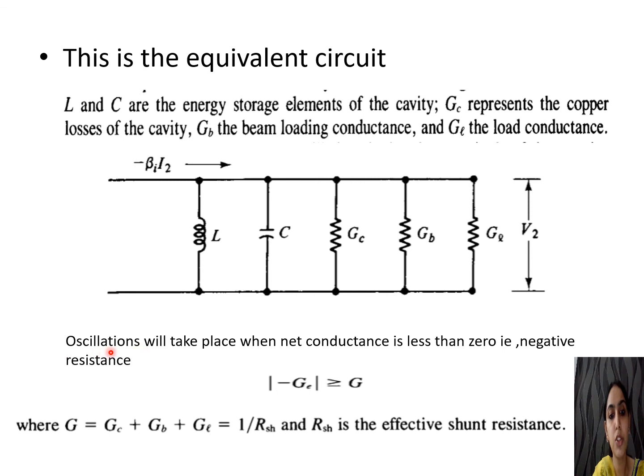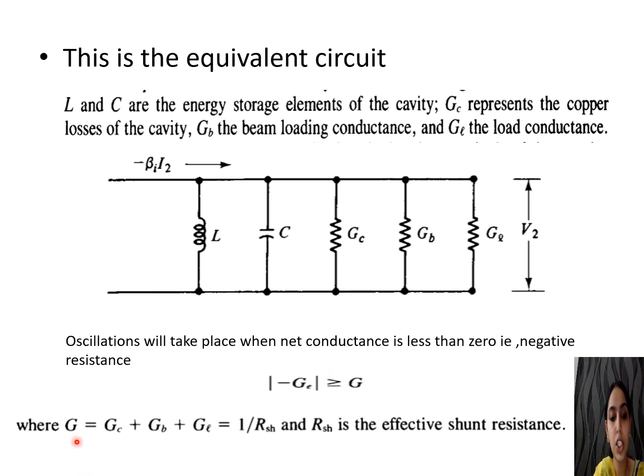Now we are studying an oscillator, so oscillation should be sustained. Oscillations will be sustained when the net conductance is less than 0, that is, we should have a negative resistance. In equation form, the magnitude of the negative real part of the conductance should be greater than or equal to the total conductance of the circuit.